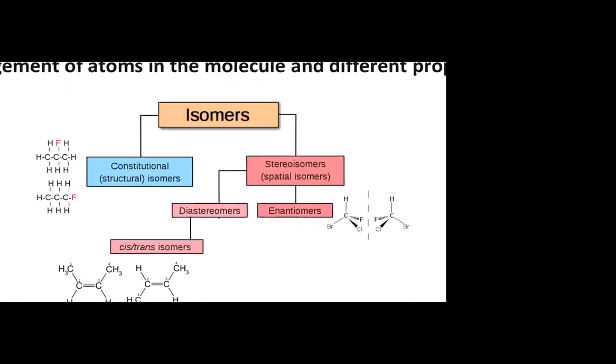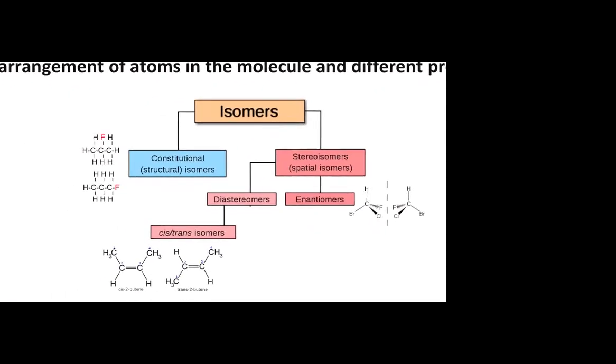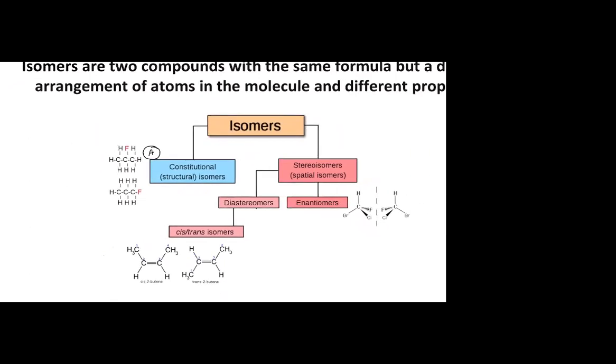So in this flow chart, we have the different classes of isomers that we are going to learn in this course, starting with constitutional isomers, okay? So what makes a constitutional isomer? Let me just define it in the corner.